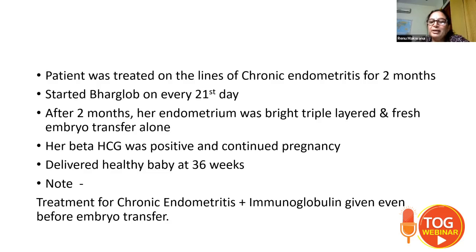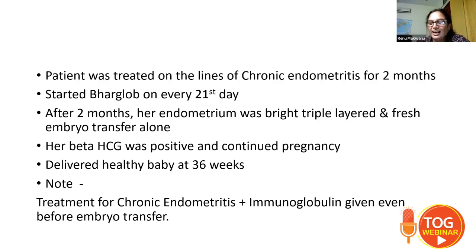And in that particular cycle, we gave her Bharglobe preconceptionally, empirically. And then we wanted to find out the implantation window. But the endometrium in that particular cycle was so good that we did IVF in the same cycle. Okay, let's forget about the ERA test. And she conceived and she delivered twins.